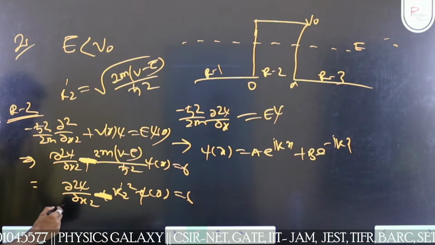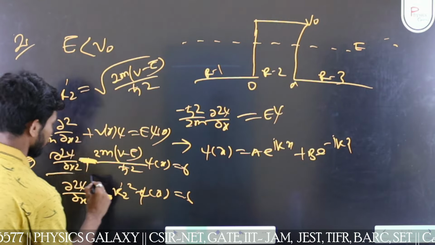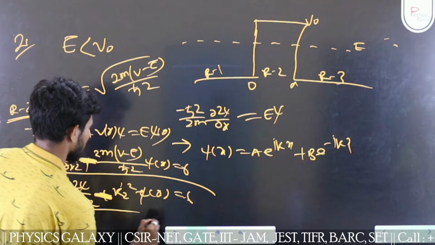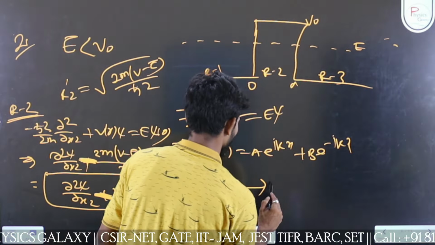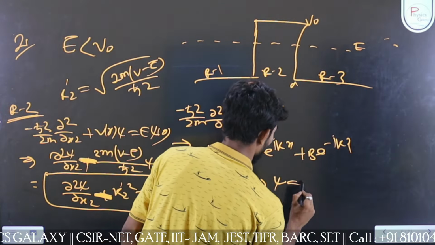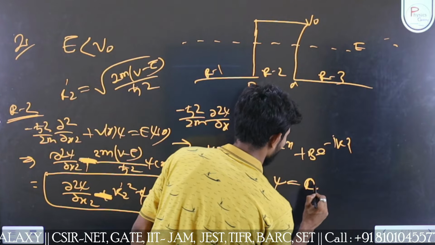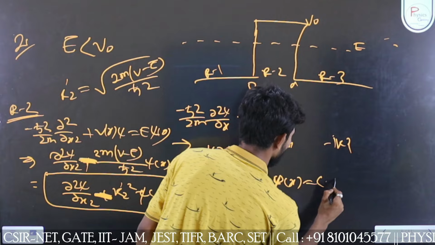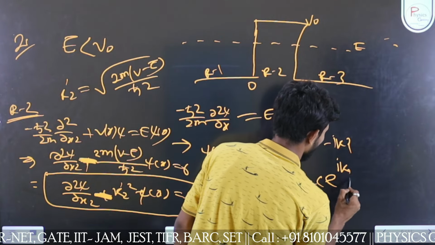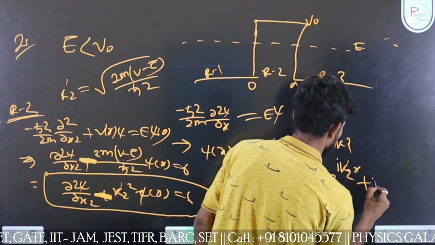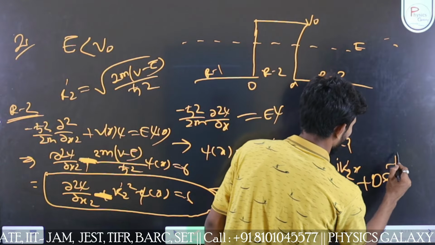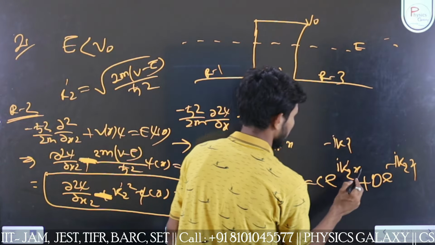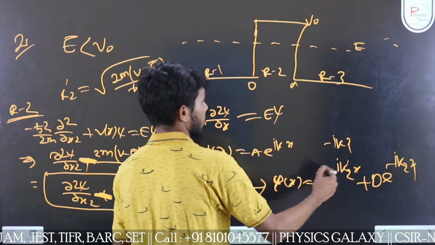And the solution for this wave equation will be psi of x equals C e to the power k2 x plus D e to the power minus k2 x.